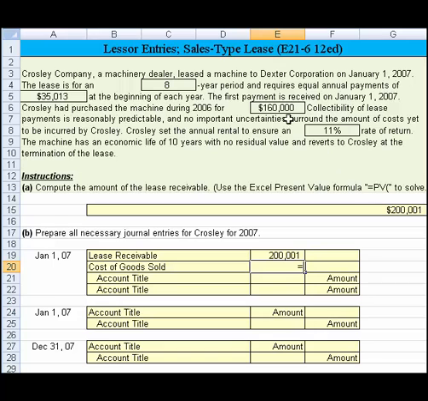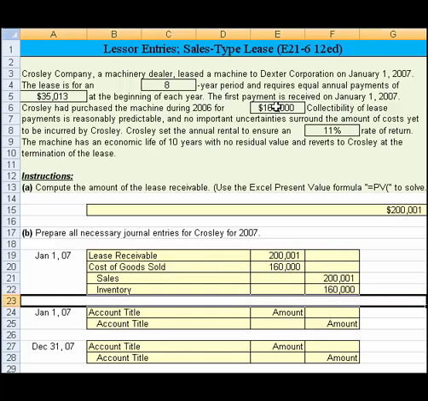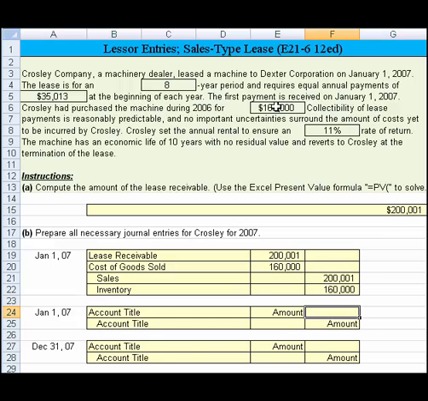And that was equal to the $160,000. The sales amount is equal to the lease receivable. And we take the piece of machinery that we had in inventory off the books at $160,000. Okay, so that's the entry to actually record the sale under a sales type lease.